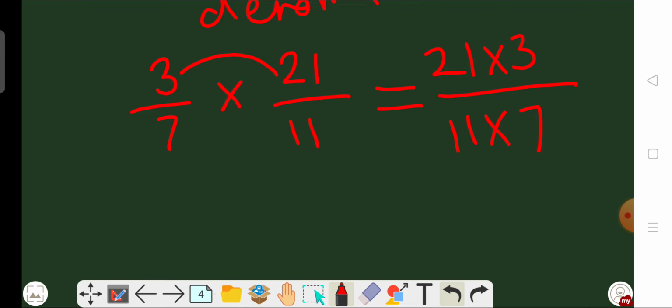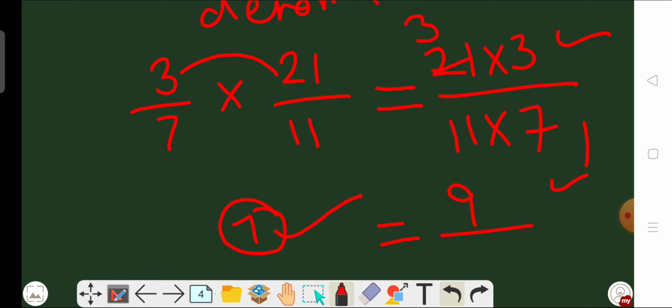Now clearly 7 is the common factor between numerator and denominator. If we cancel this 7, this will become 1 and this will become 3. Now there is no common factor between numerator and denominator. So simply multiply 3 to 3 we get 9 and 11 to 1 we will get 11. So this is the result of this multiplication. This is the way by which we have to multiply two given fractions.